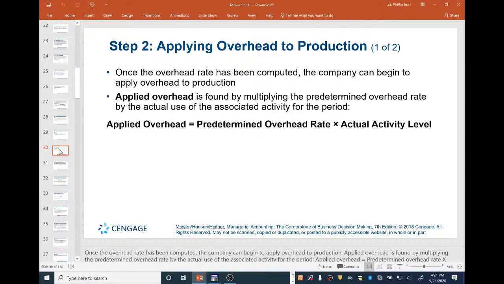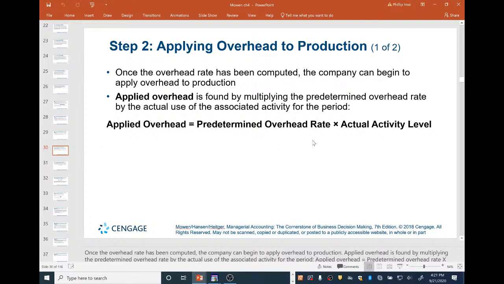Step 2, applying overhead to production. So it says here, once the overhead rate has been computed, the company can begin to apply overhead to production. Applied overhead is found by multiplying the predetermined overhead rate by the actual use of the associated activity for the period. So once again, we can see this formula right here.